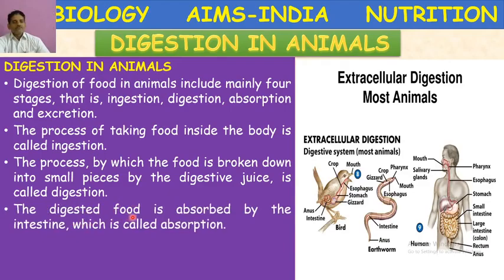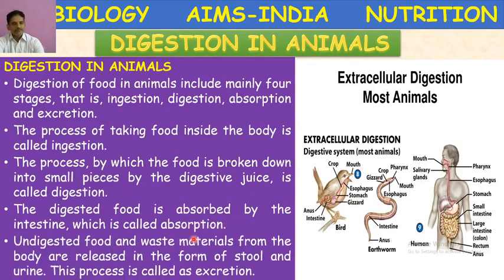The digested food is absorbed by the intestine. This is called absorption. In the small intestine, there are some finger-like structures called villi. They are richly supplied with blood capillaries. So those villi are involved in the absorption of digested food materials.